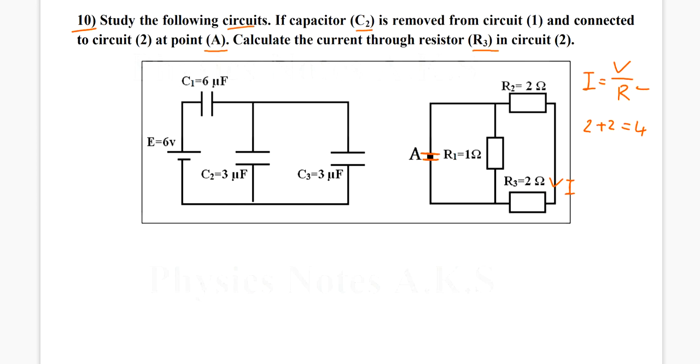So the voltage in the series part, all this, I will name it Vs, is going to be the same voltage V1, which is going to be the same voltage of the capacitor, because the capacitor will work as a power supply in the second circuit.